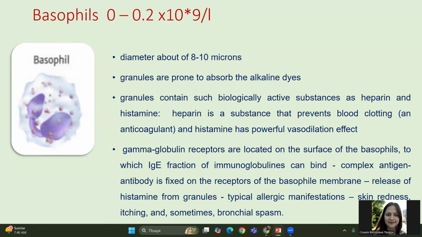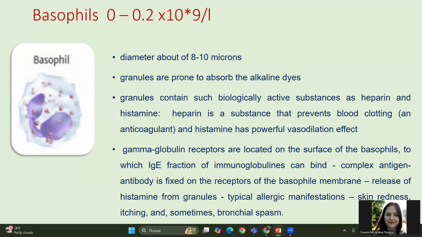Basophils are from 0 to 0.2 times 10 to the 9th per liter, diameter about 8 to 10 microns. Granules are prone to absorb alkaline dyes. Granules contain such biologically active substances as heparin and histamine. Heparin is a substance that prevents blood clotting, and histamine has powerful vasodilatory action. Mainly, the basophils release histamine and heparin to provide greater blood flow and leukocyte flow to the place of invasion.